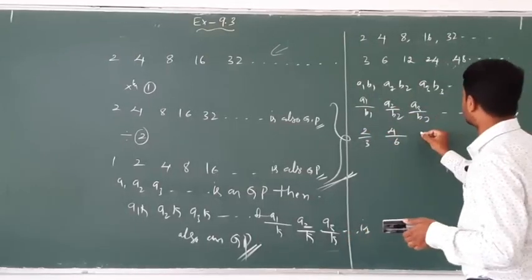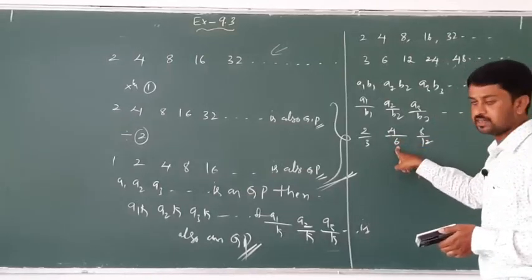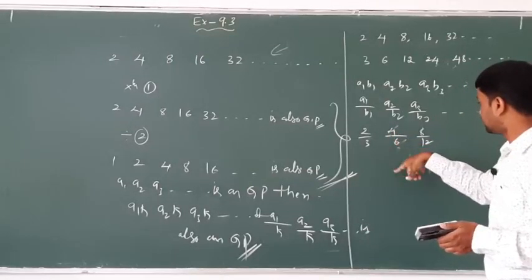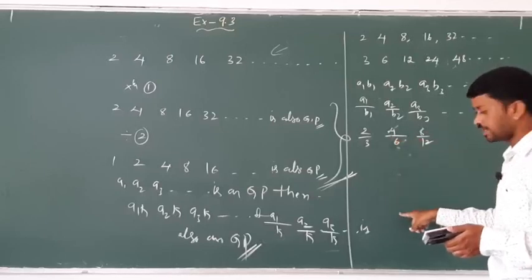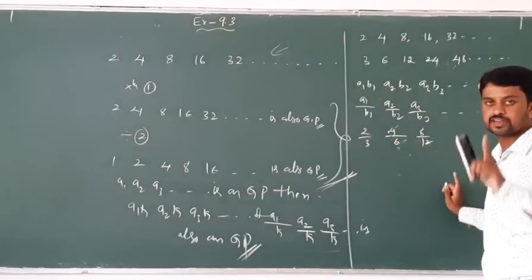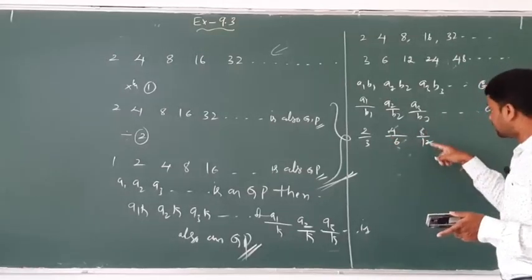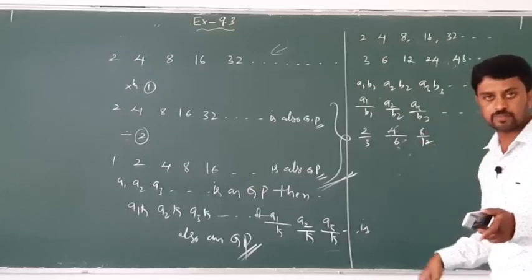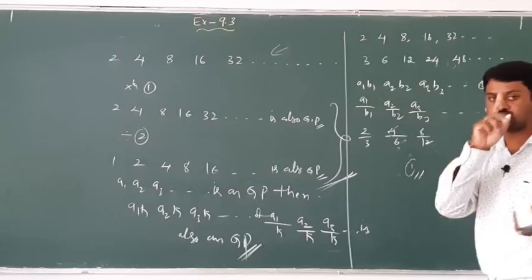Next, 8 divided by 12, here also 2 by 3. Therefore the ratio is 2 by 3, and again 2 by 3 divided by 2 by 3, the 3 gets cancelled, the 2 gets cancelled, therefore the ratio is 1. Here also 4 by 6 divided by 4 by 6 automatically gets cancelled, the common ratio is 1.